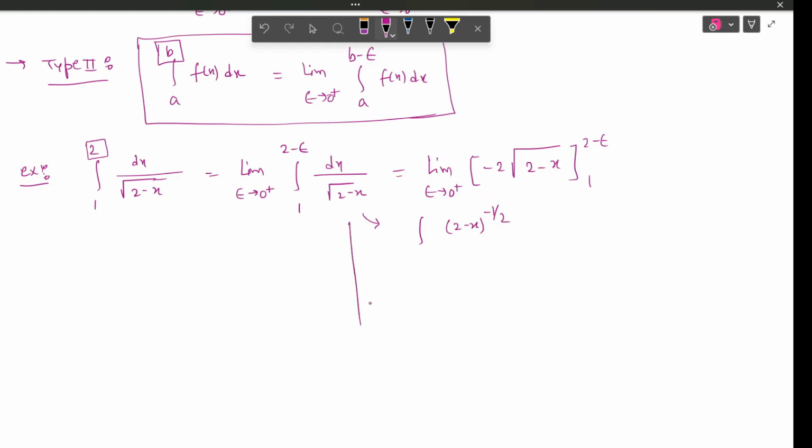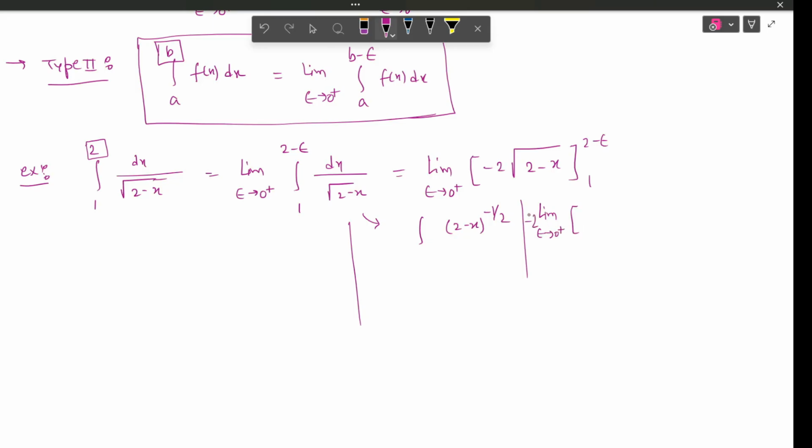Or you can simply apply the substitution method. So let me solve the limit first, then I will show how to solve this type of integration by the substitution method. If you put the upper limit and lower limit, you will get limit epsilon tends to 0 plus.